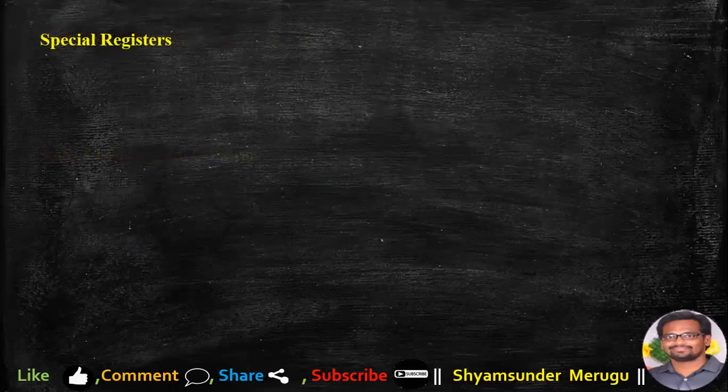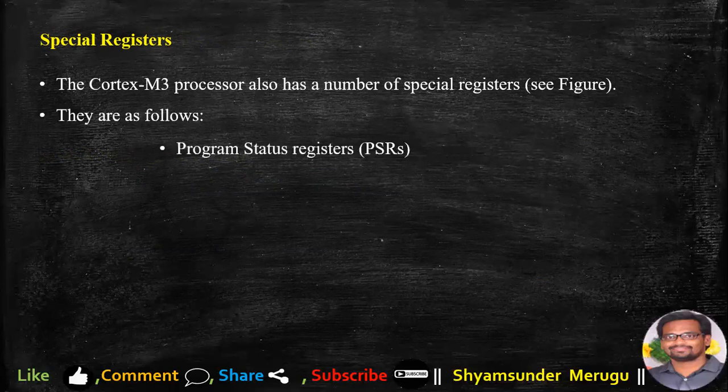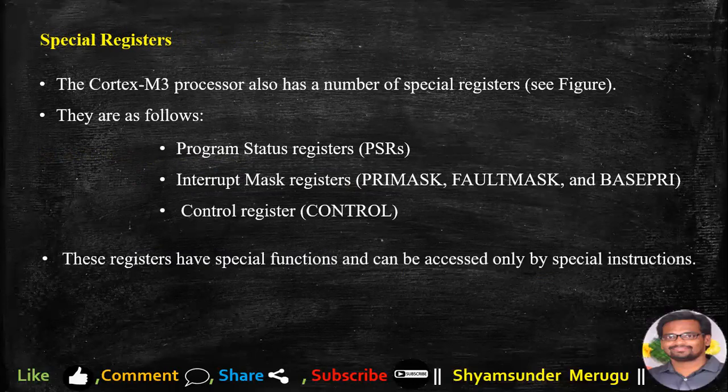Coming to the special registers, the Cortex M3 processor also has a number of special registers. We can see them in the next figure. They are as follows: program status registers, PSRs; interrupt mask registers such as PRIMASK, FAULTMASK, and BASEPRI; and the control register.